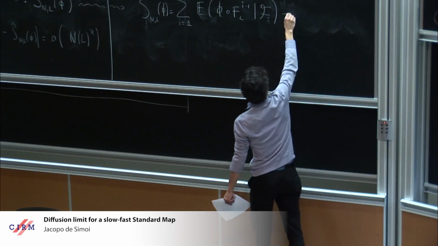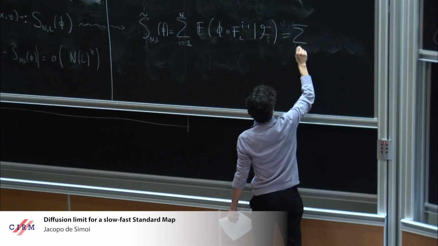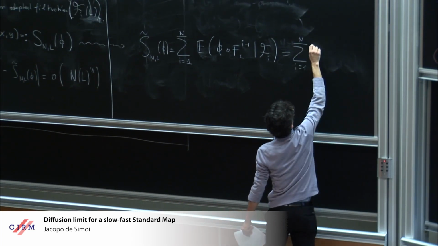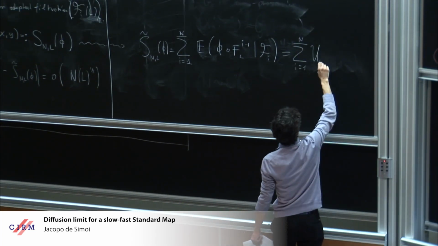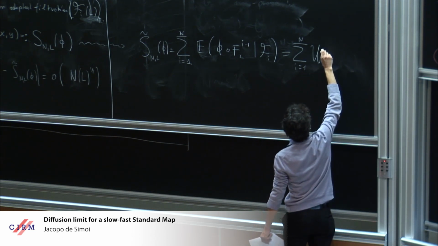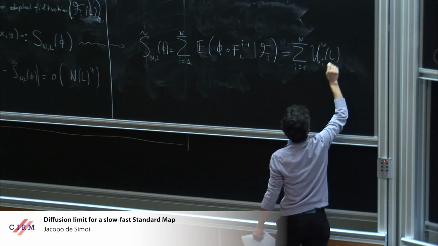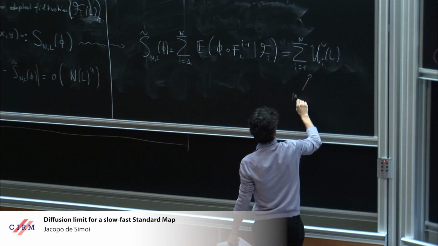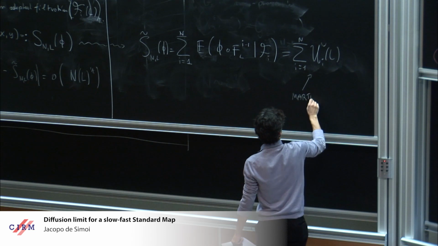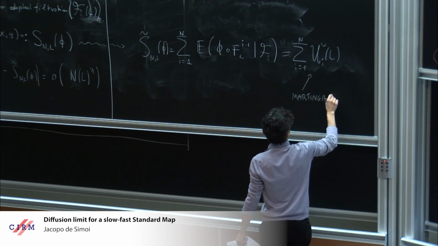So you can rewrite this as a sum of some u_i, which depend on n, or depend on L if you want, of L. And this is a martingale difference.